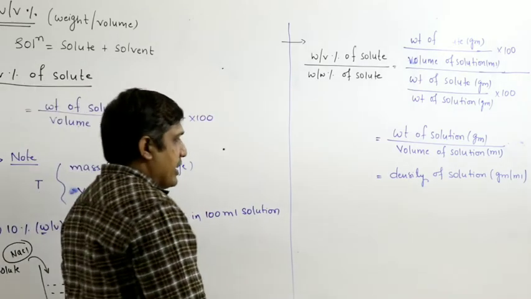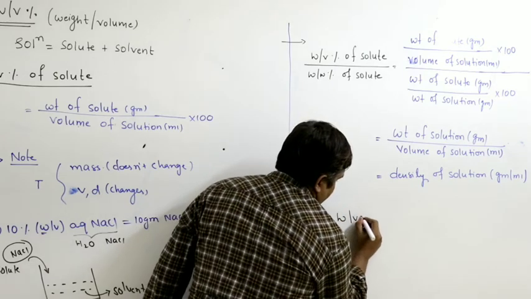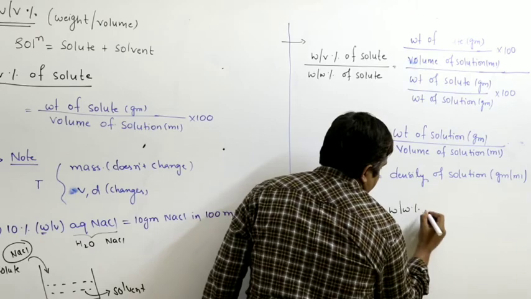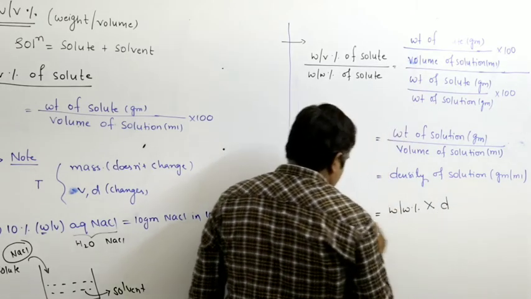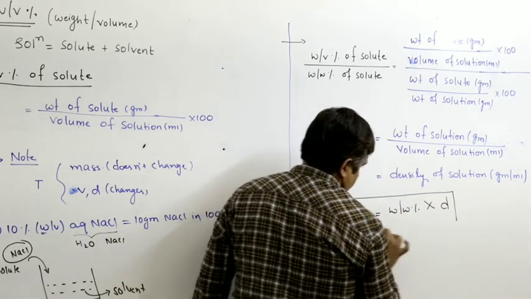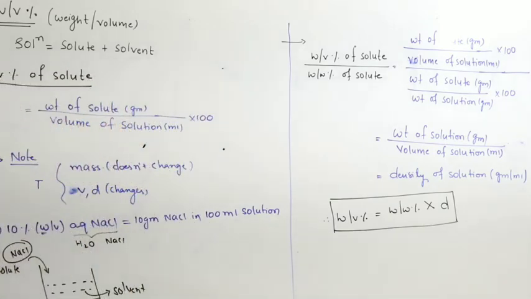So in short, weight by volume percentage of solute equals weight by weight percentage of solute into density of solution. That is note 3.